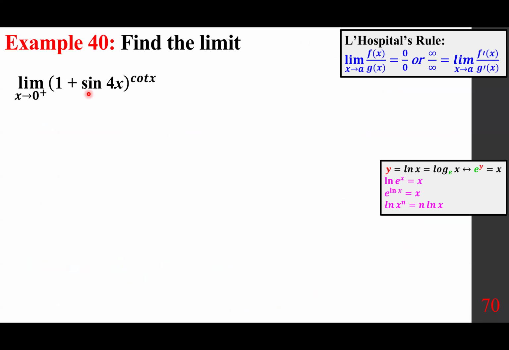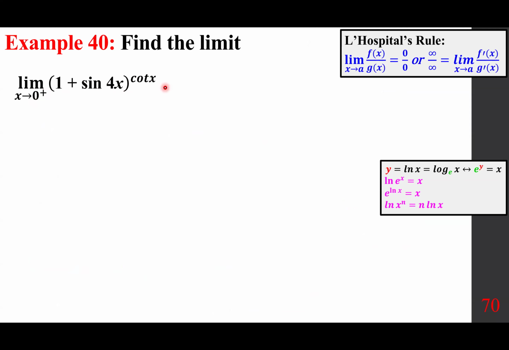Example. The limit of (1 plus sine 4x) to the power of cotangent x as x approaches 0 from the right. Again, reminding you of L'Hopital's rule. When x becomes 0, sine becomes 0, so this is 1. And as x approaches 0 from the right, cotangent goes to infinity.